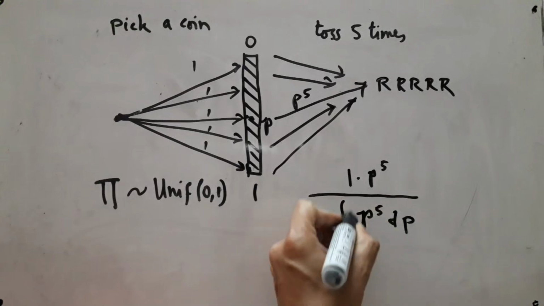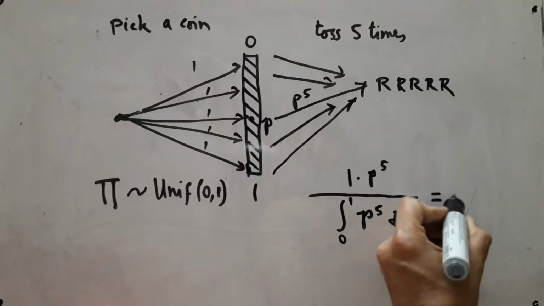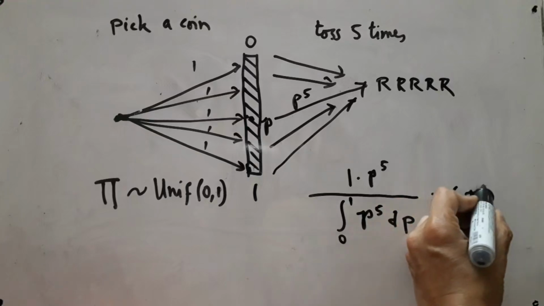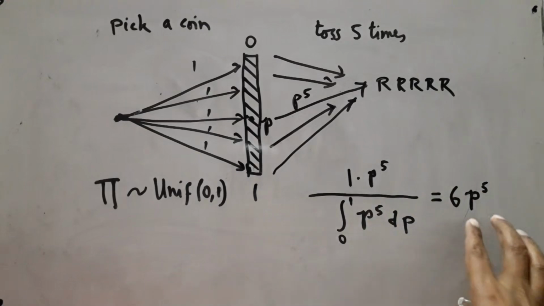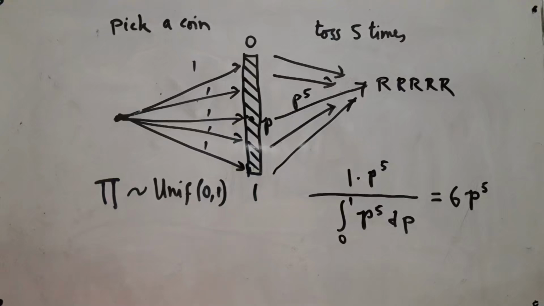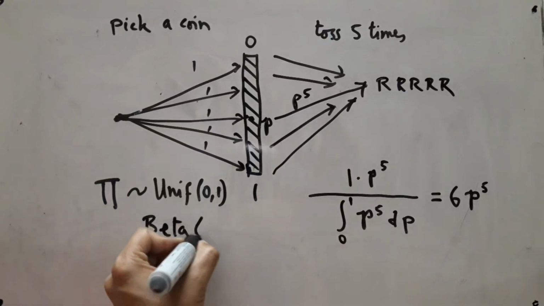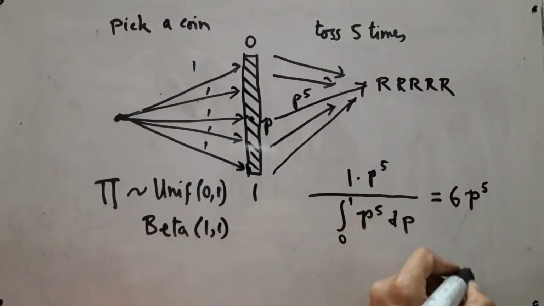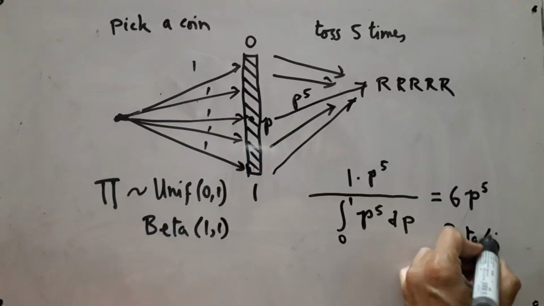Downstairs I will have the integral 0 to 1 of P to the power 5, which is simply 1/6. So the density is 6 times P to the power 5, where P lies between 0 and 1. And we quickly notice that this is also a density over 0 to 1. Now think of the starting density as beta 1, 1, and in that case this is actually beta 6, 1.